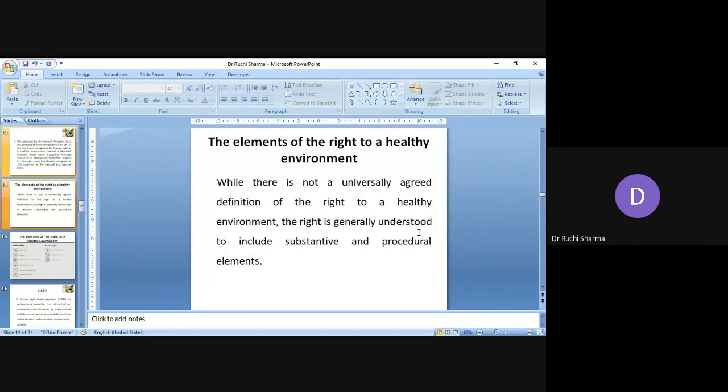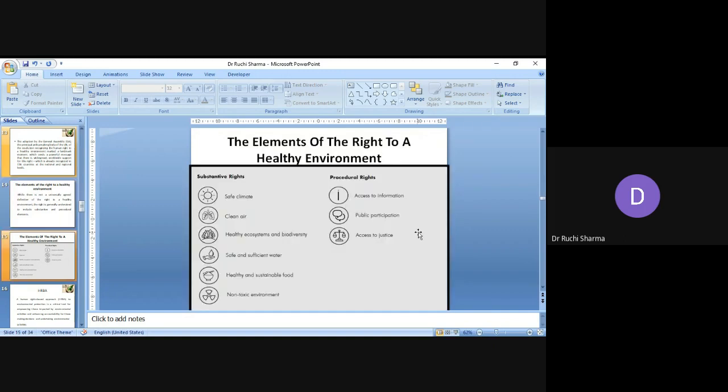Although there is no fixed definition or classification, based on research, the healthy environment elements can be the substantive elements, which, as you can see on the screen, include clean air, a safe and stable climate, access to safe water and adequate sanitation, healthy and sustainably produced food, non-toxic environments in which to live, work, study, and play, and healthy biodiversity and ecosystems.